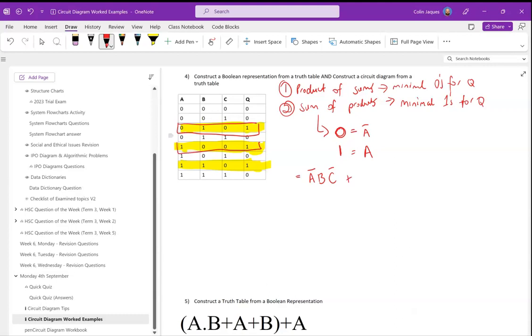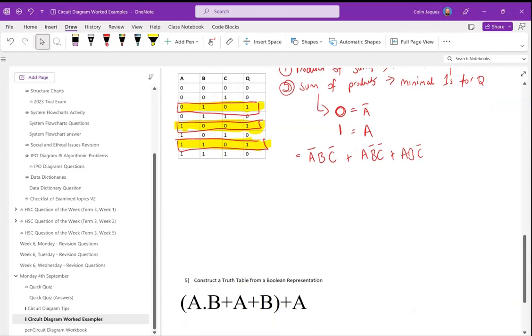Likewise, if I was to then do this one, I'm going to be saying, well, that's A because it's 1, and that's going to be not C and not B. And then likewise, this last one, it's going to be A and B and then not C. So that is the Boolean representation for this truth table. However, you're probably going to be asked to simplify this because we're going to create a circuit after this.